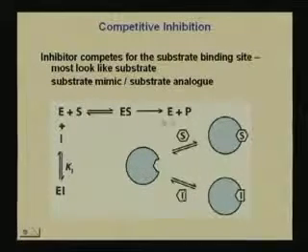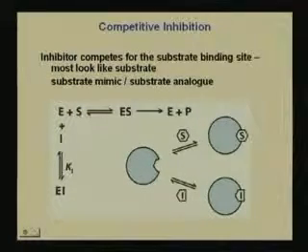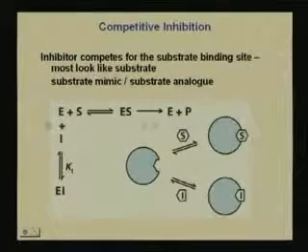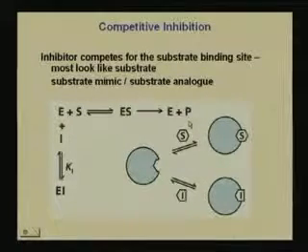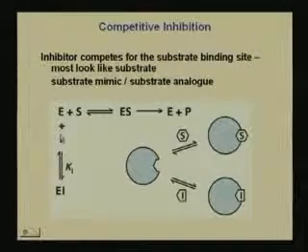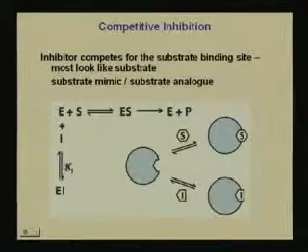So what do we have in our enzyme kinetic set? We have E plus S going to ES, which goes to E plus P. So this is our normal reaction, right? What we have here is our normal reaction, but now I have an inhibitor. What sort of an inhibitor? A competitive inhibitor. The competitive inhibitor is going to interact with the enzyme in an equilibrium, with an inhibition constant, forming an enzyme inhibitor complex.